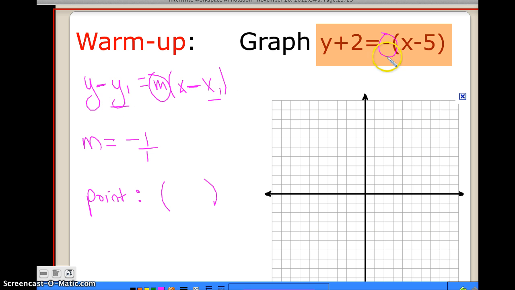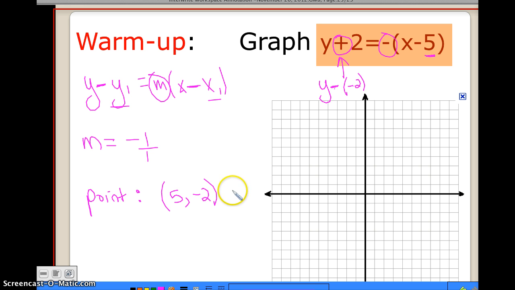And remember, it has to be minus, so that's the 5 comma, now here's the problem. You see that plus 2? That must have meant that when it was minus, they had to have put in a negative 2 for the negative times the negative to get back to the positive. So your x1 is 5, however your y1 is negative 2. Now I have enough information to go ahead and graph it.